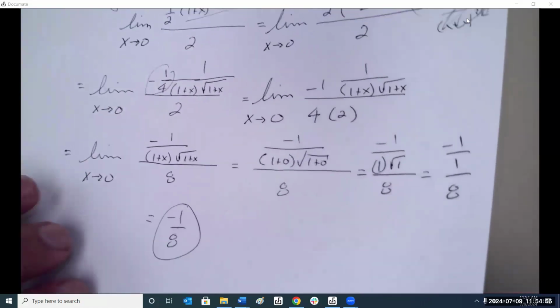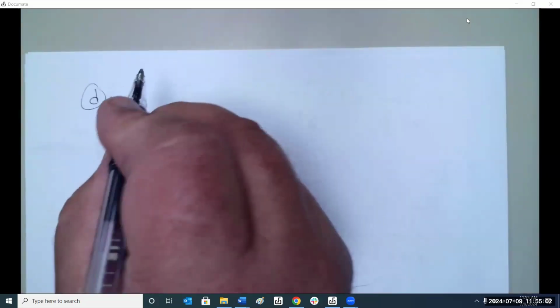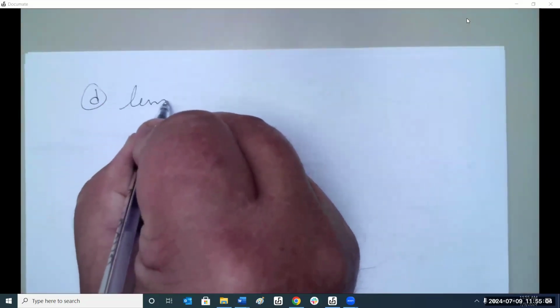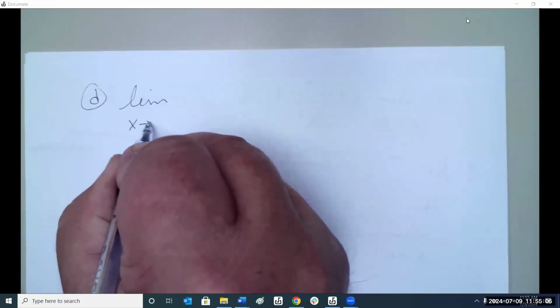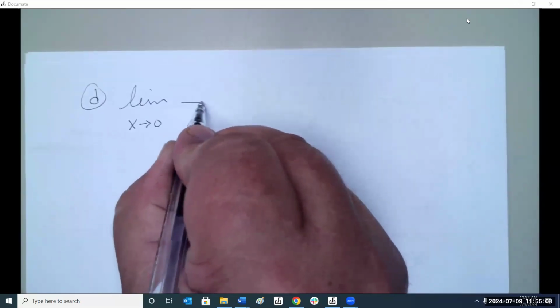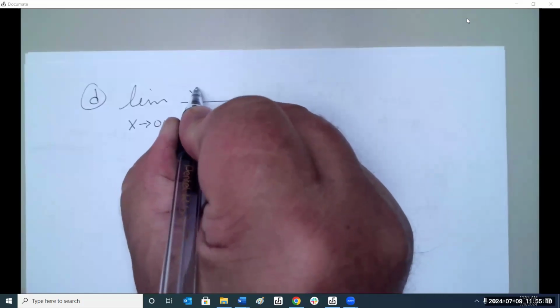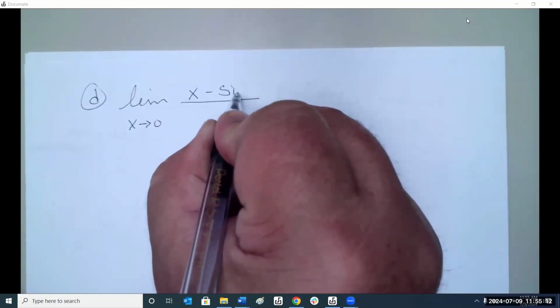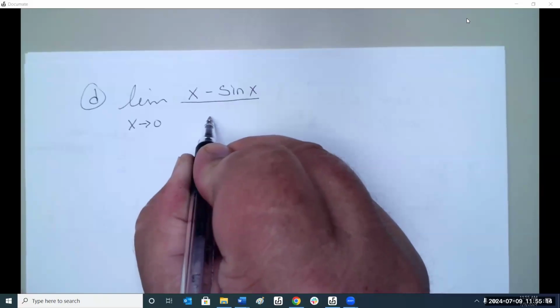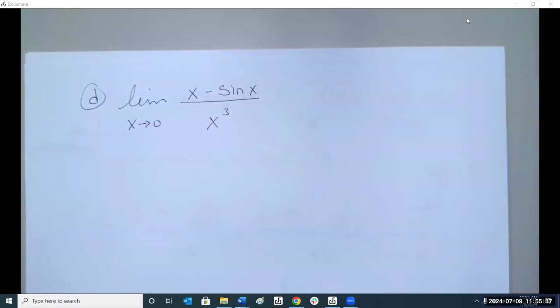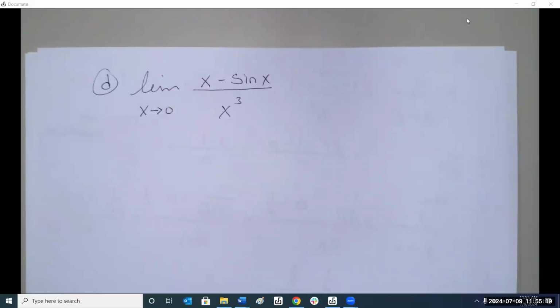One more. D. The limit as x approaches 0 of x minus sine x over x cubed. L'Hopital's rule only works on rational functions, fractions.